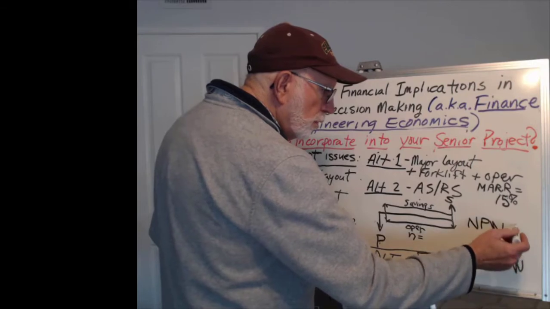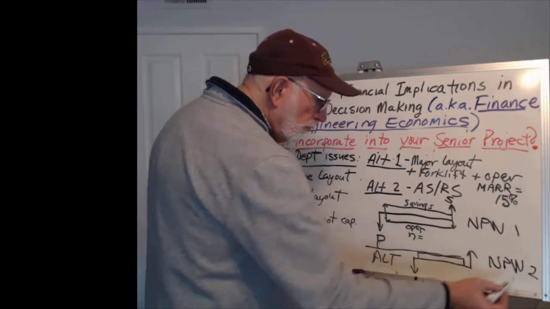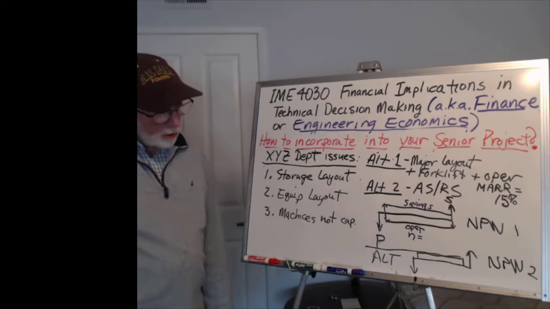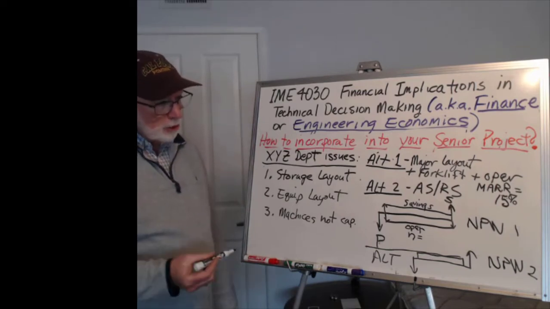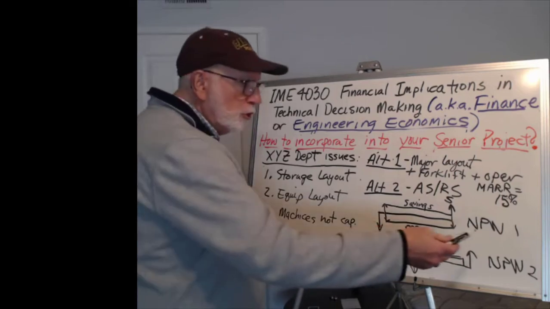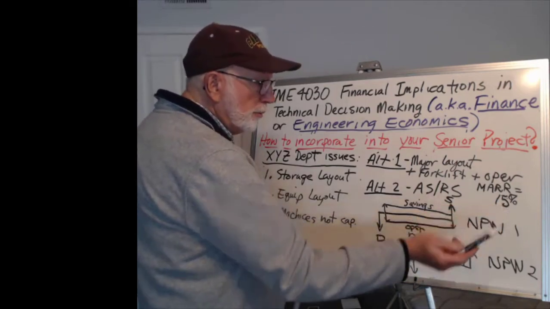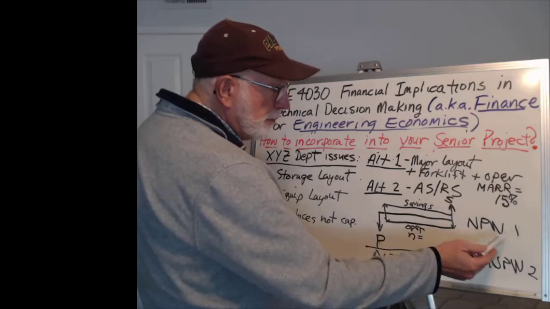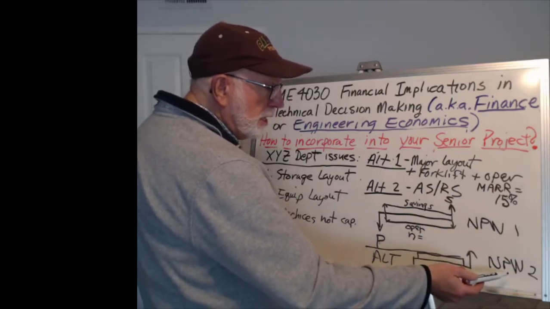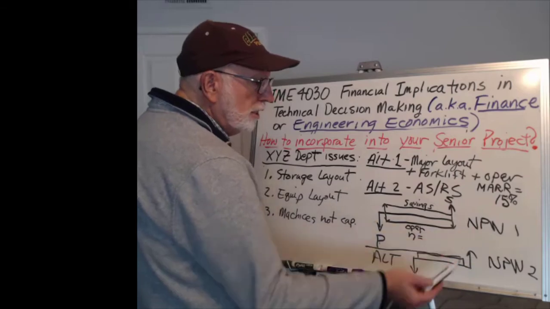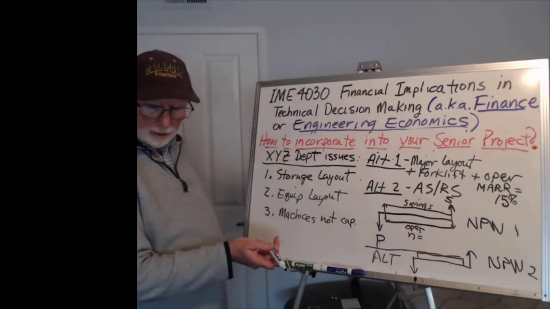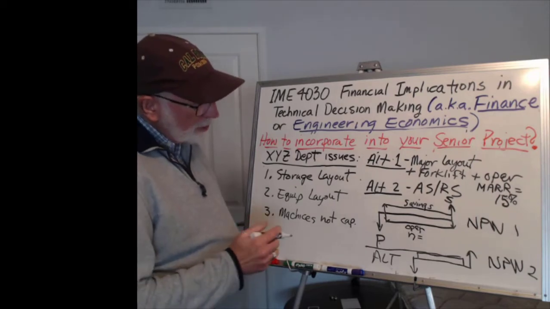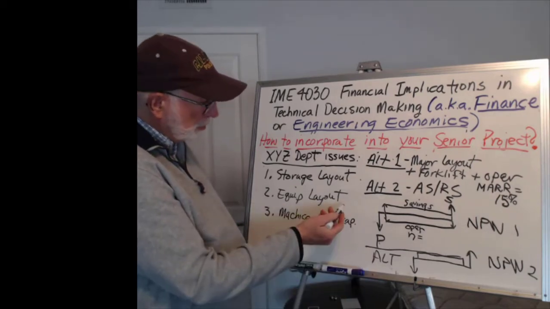Now the net present worth for these are positive numbers if you're going to make more than the minimum attractive rate of return. And so if you have net present worths that are positive, the highest one is the most attractive from a financial point of view. So this is what you do for each alternative.